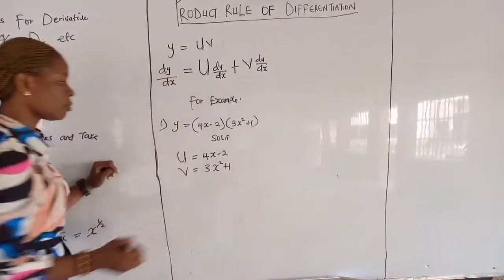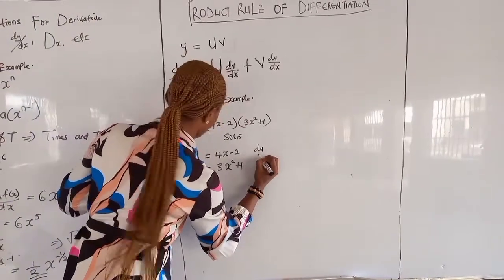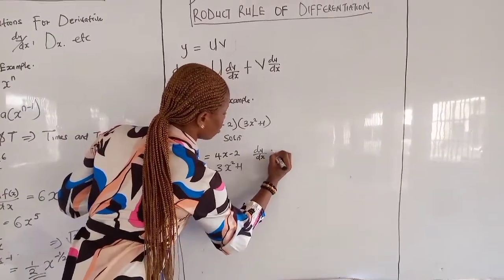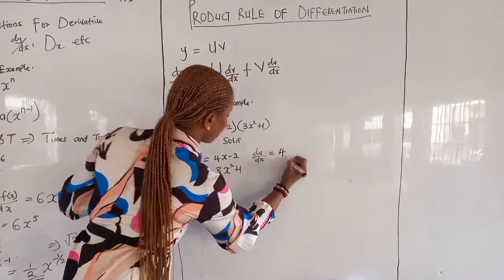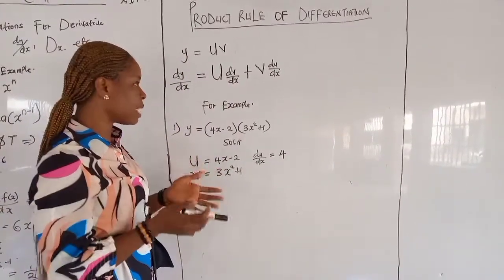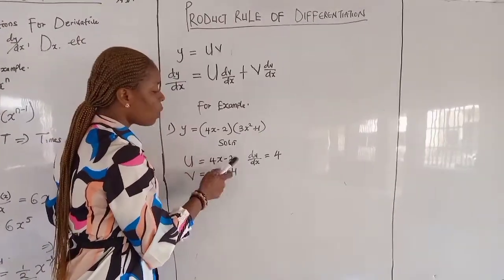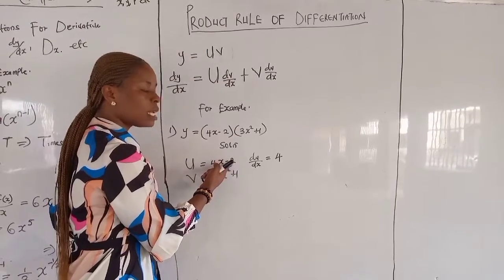So that my du/dx will be 4. Look at this. Remember, I taught you how to differentiate a function of x. This is the only place you have the function of x. When you differentiate a constant, it is 0.